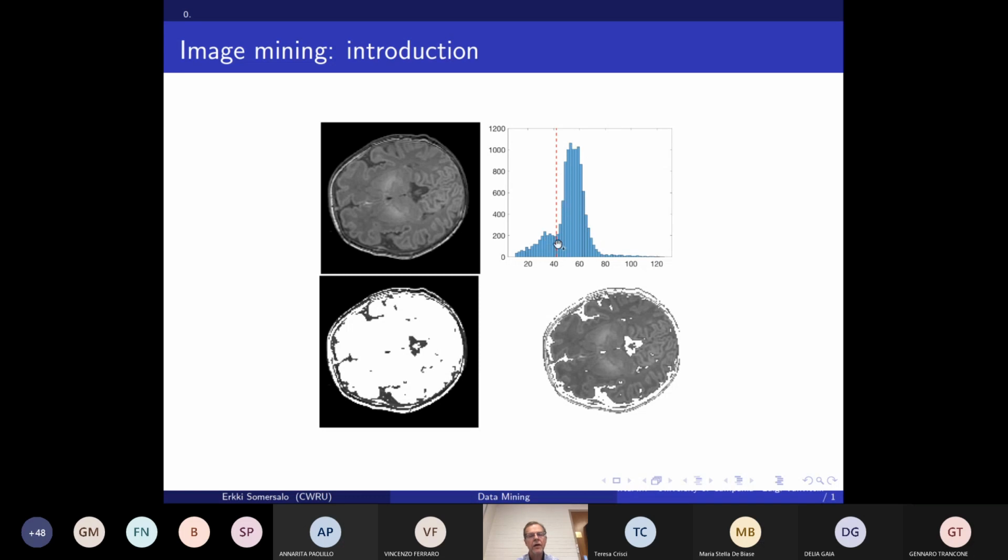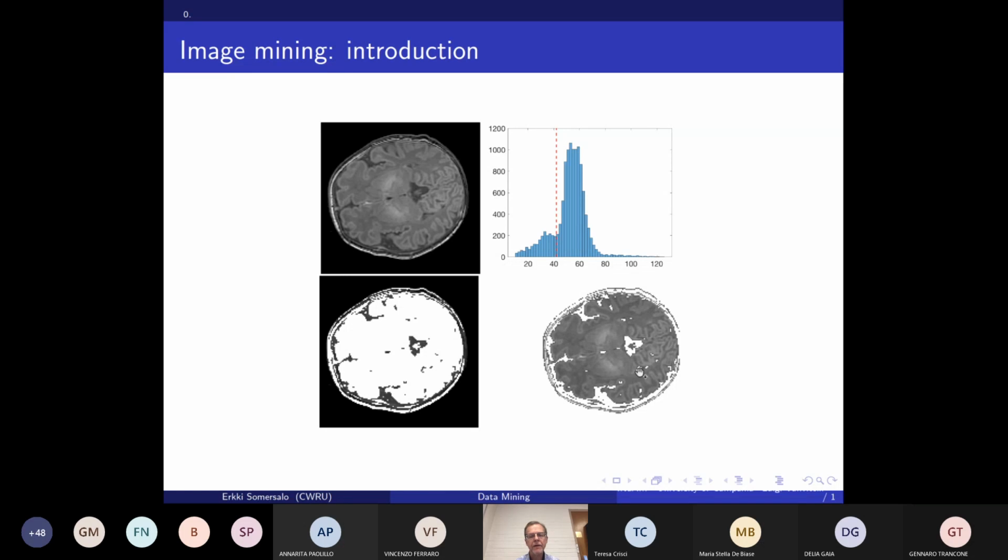If I cut the image along this dashed red line, and I color the pixels whose grayscale value is below that value, and color the pixels whose value is above this value, I get these two images below.